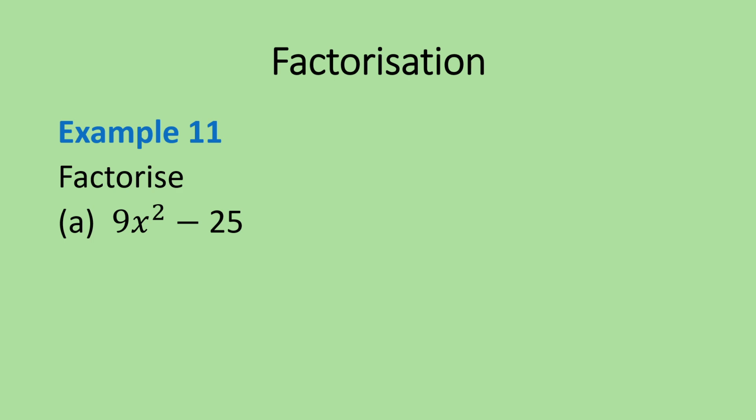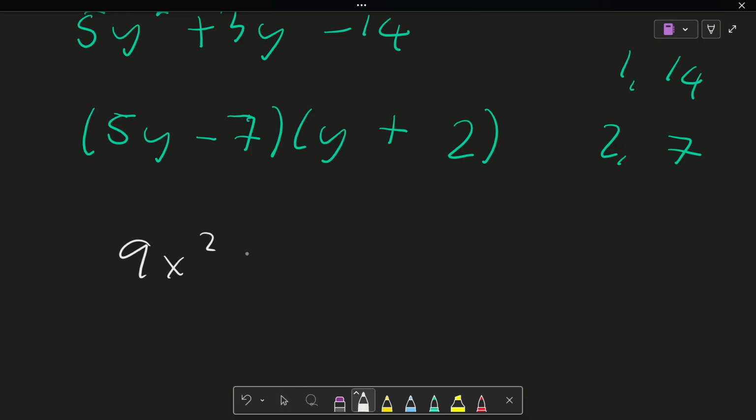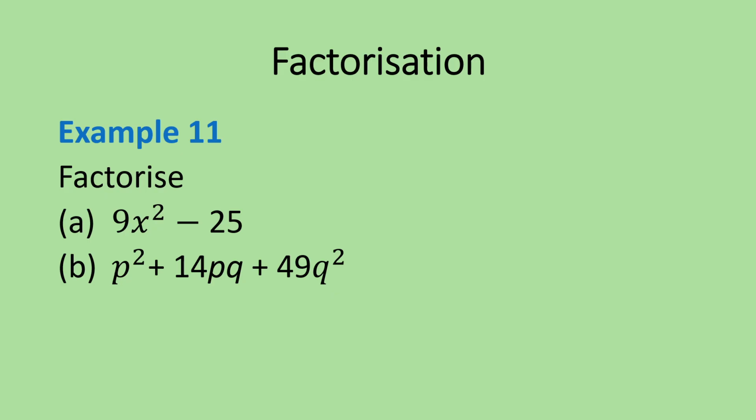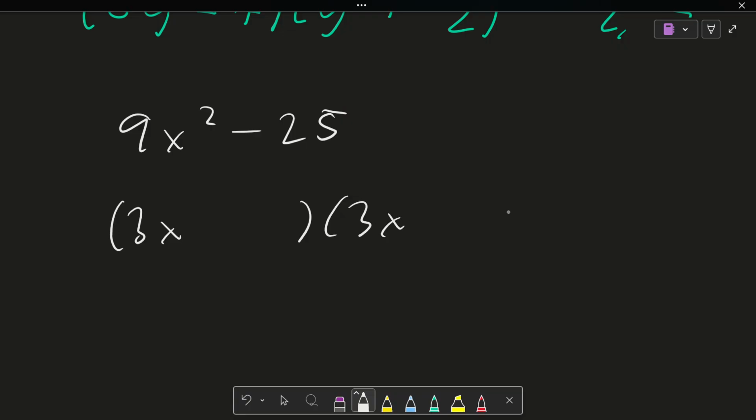Example, factorize the following: 9x squared minus 25. As you notice, there's nothing in between, right? So basically you should put it here as 3x and 3x, and here should be 5 and 5.